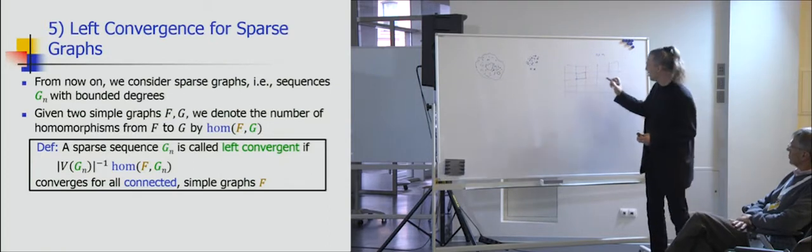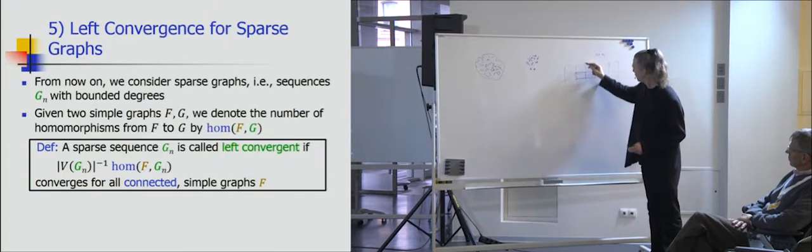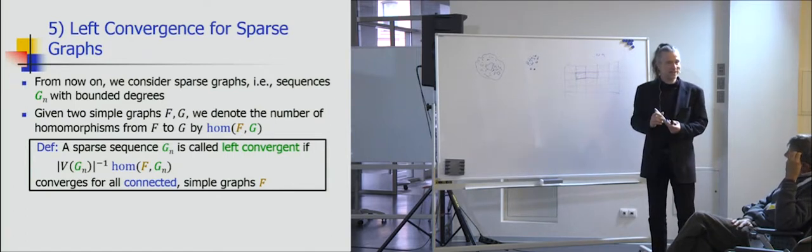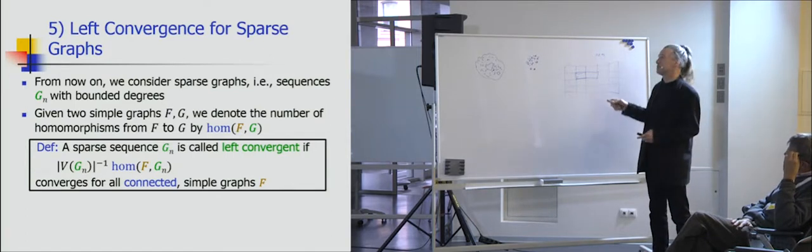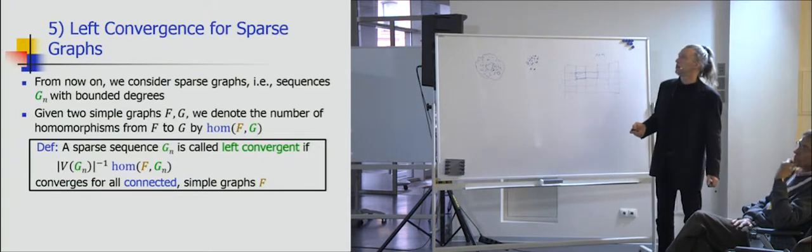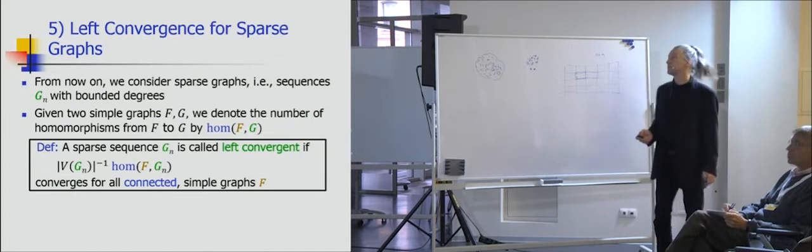And if you want to count the number of 6 cycles, there's this one, or you could go up, and again it will be a constant times n. So for a lot of the sparse graphs, this is a reasonable normalization, and that's how we define this.